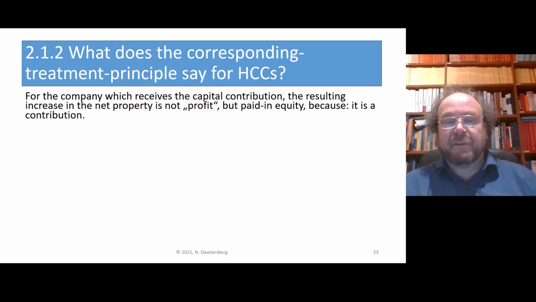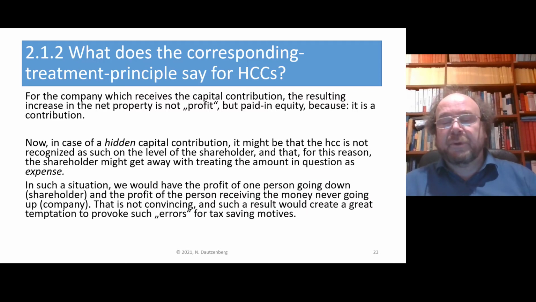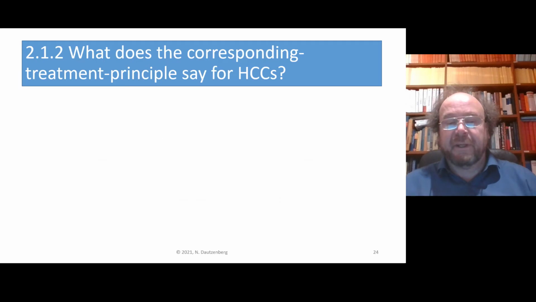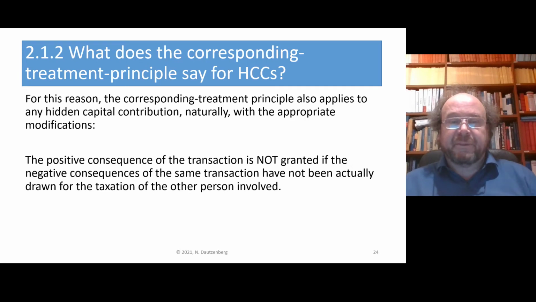So in case where that goes wrong, we would try to adjust the situation. It should be necessary to make a balance, to establish a balance here again. And so the idea would be, again, the basic idea of the corresponding treatment principle.